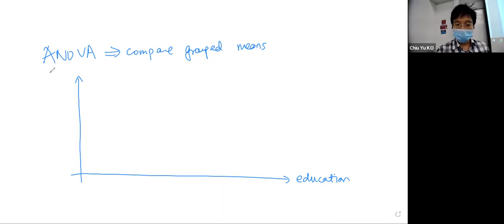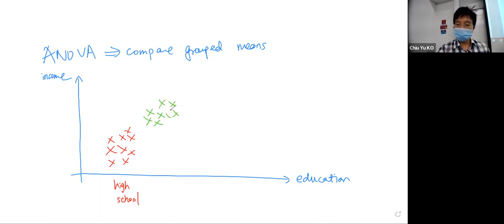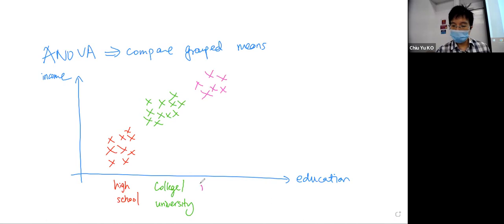These are the education levels, say high school, and you have some data on people who graduate from college or university, and some people who graduate from master or Ph.D.